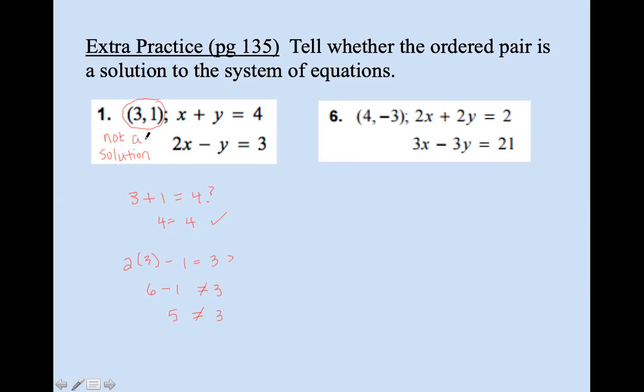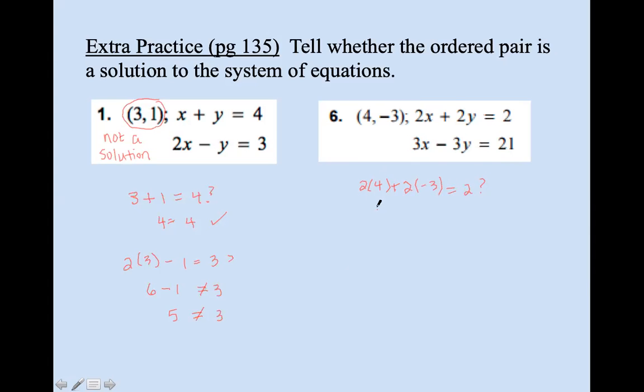All right, let's look at number 6 here. On the first equation, I'm replacing x with 4 and y with negative 3. So 2 times 4 plus 2 times negative 3. And I want to know, does that equal 2? That's my question.